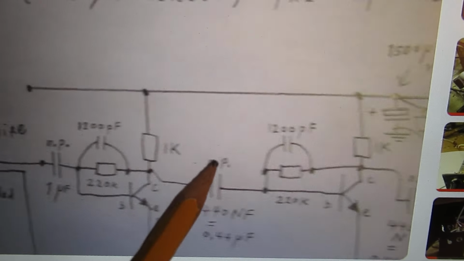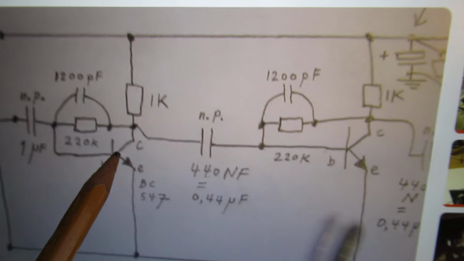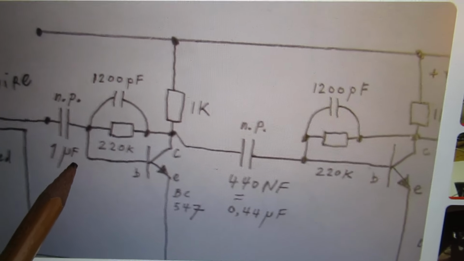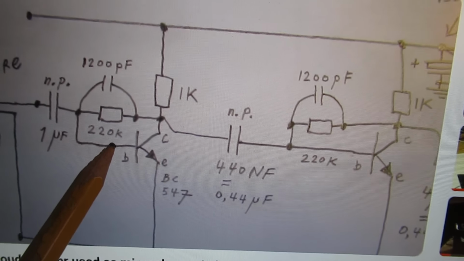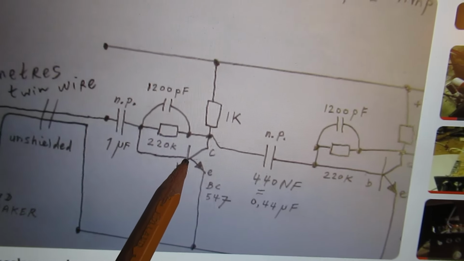And these capacitors, their aim is to push down the noise level. Because there is such an enormous amplification, such a transistor in such a setup amplifies as much as such a transistor can give.